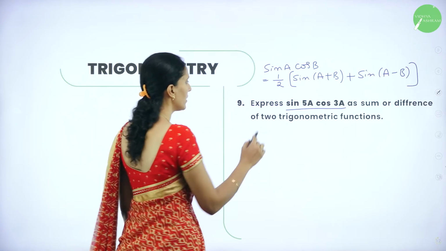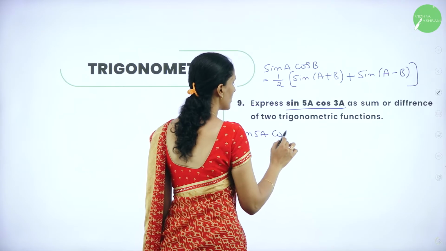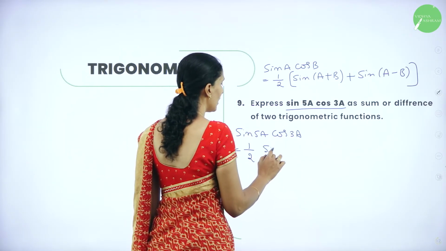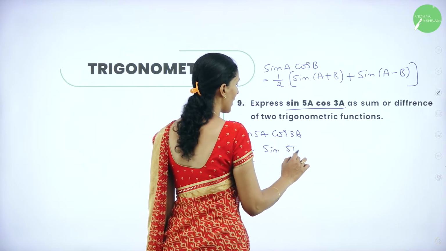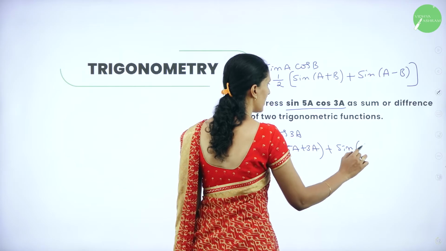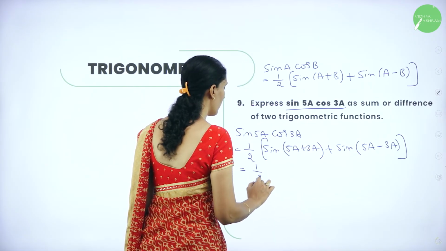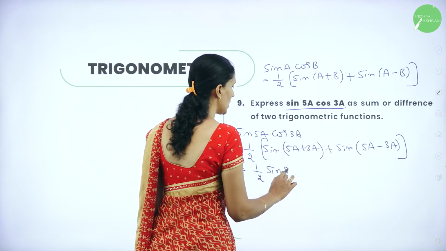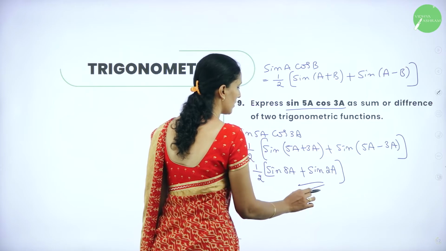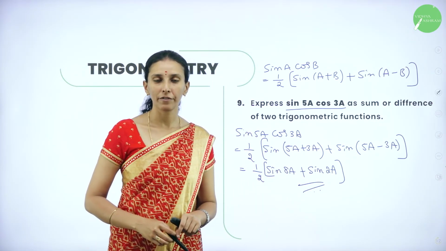So apply it. This can be written as sin 5a cos 3a is equal to half of (sin (a plus b), that is 5a plus 3a, plus sin (a minus b), that is 5a minus 3a). Now this is half (sin 8a plus sin 2a). So we have expressed this in the form of two trigonometric functions.